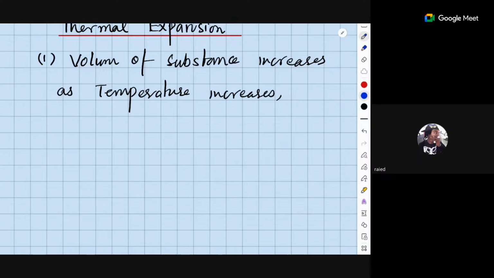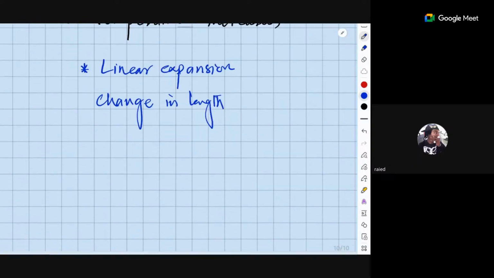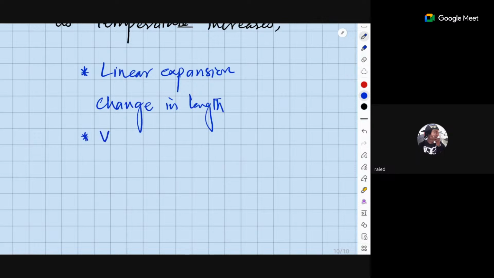So here we go. We will be talking about linear expansion as well as volumetric expansion. So there are two aspects of this. Linear expansion is change in length. The second expansion is your volumetric expansion, and volumetric expansion is change in volume.